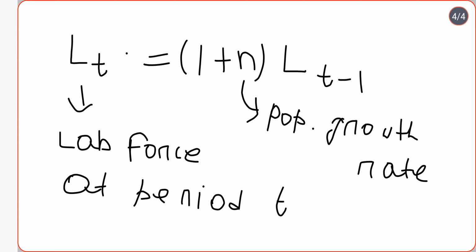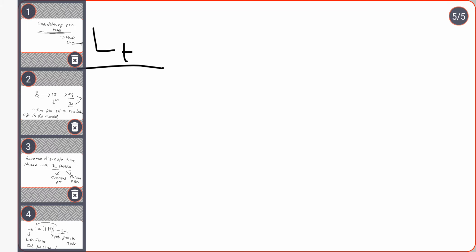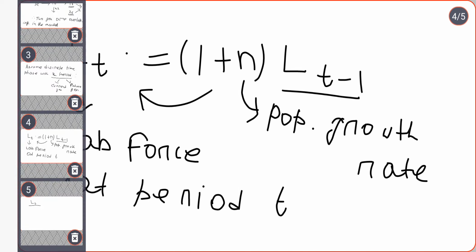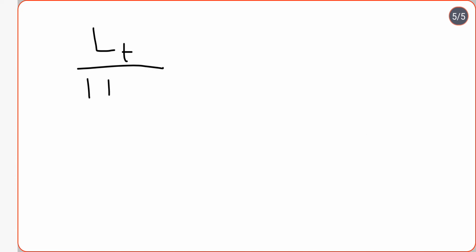Now if I divide this, taking 1 plus n to the left hand side, I am making a mistake here. I want to take 1 plus n to the left hand side. Then Lt by 1 plus n equals Lt minus 1.